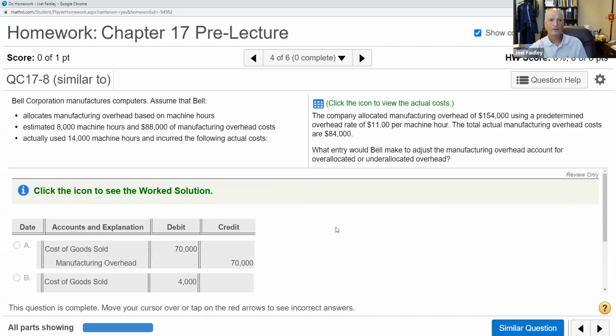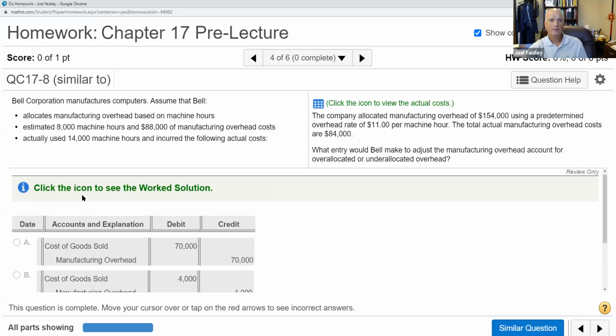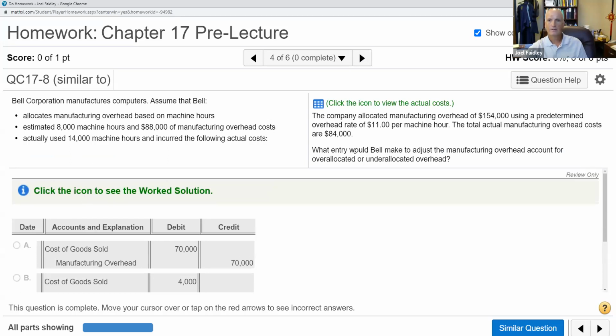All right, the next one here. You can read that for yourself. It says the company allocated manufacturing overhead of $154,000, used a predetermined overhead rate of $11. The total actual manufacturing costs are $84,000. So what do you have there?